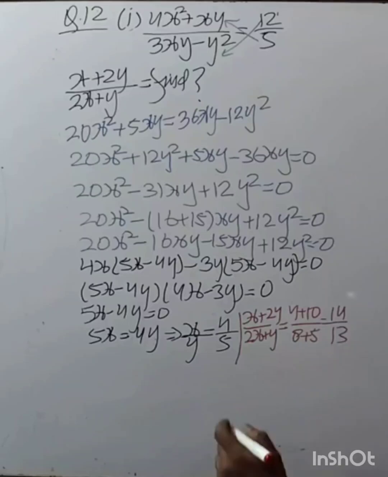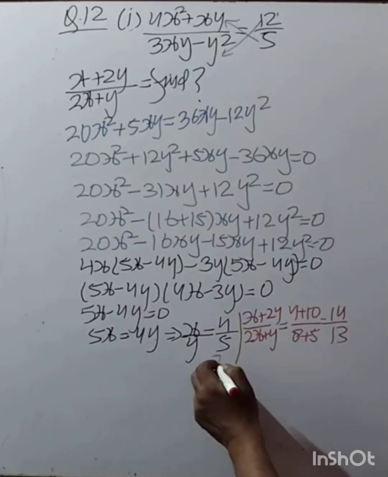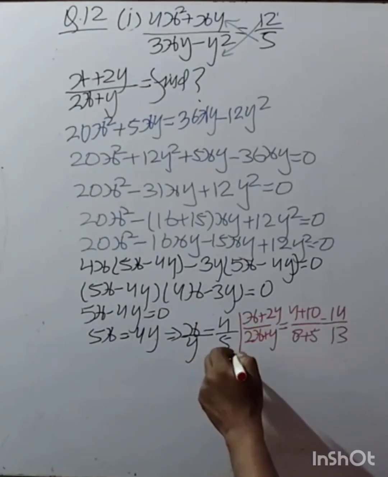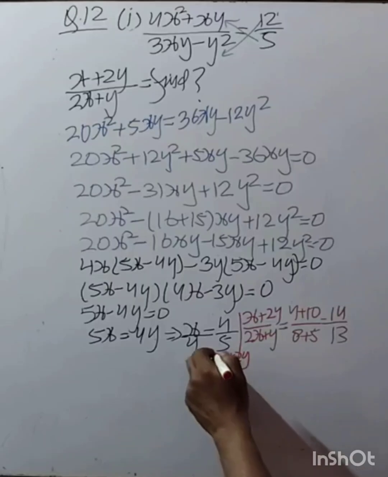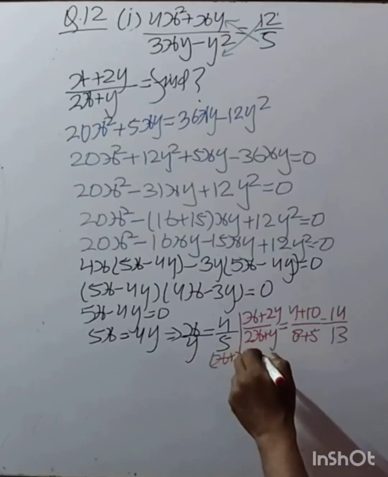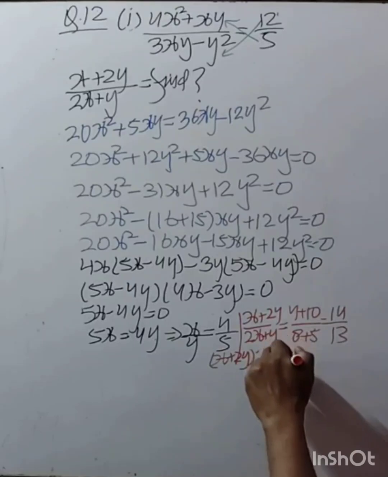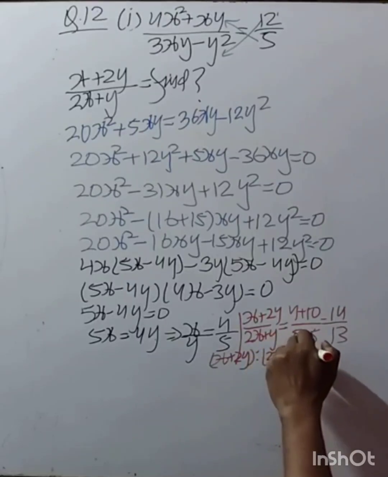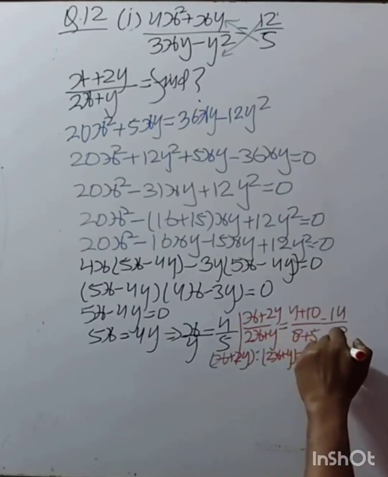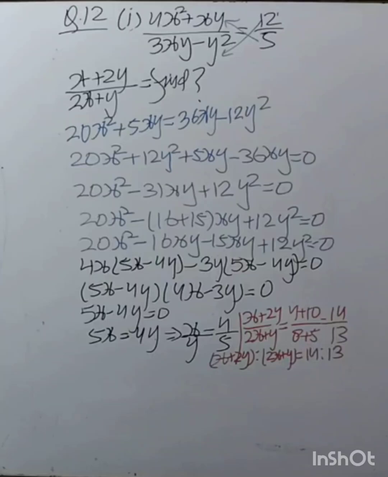So you can write here x plus 2y ratio 2x plus y is equal to 14 ratio 13. Right.